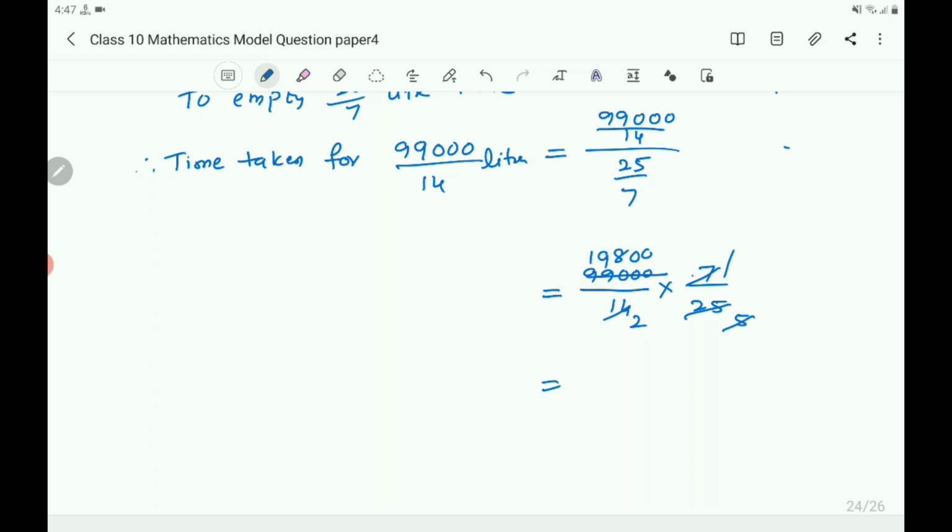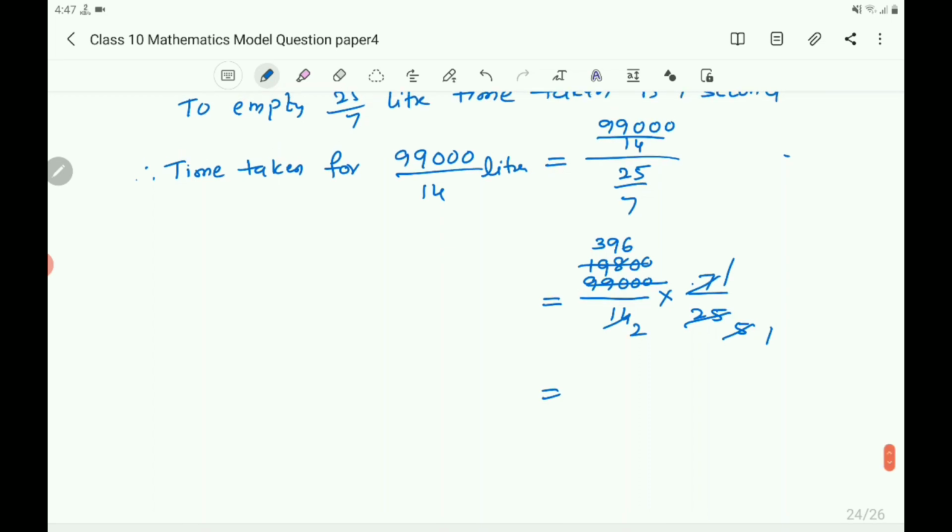Next again divide by 5: 5 ones are 5, 5 threes are 15, 4 is remaining, 48, 5 nines are 45, 3 is remaining, 30, 5 sixes are 30, 10. Next 2 ones are 2, 19, 2 nines are 18, 16, 2 eights are 16, 0. So you got 1980 seconds.